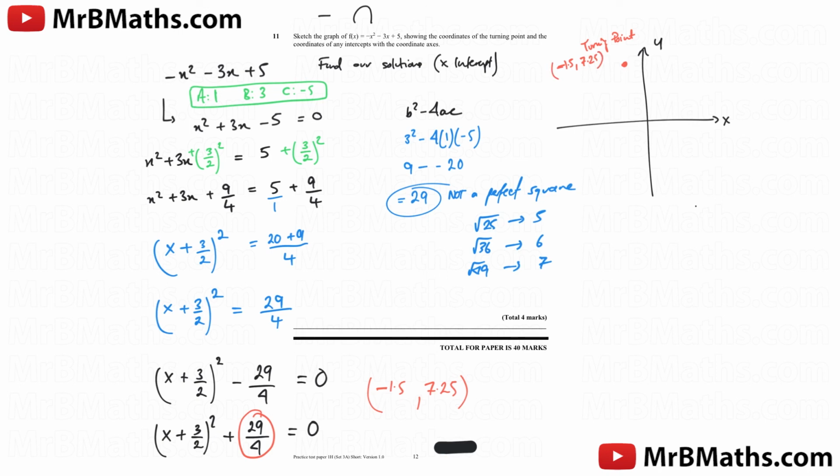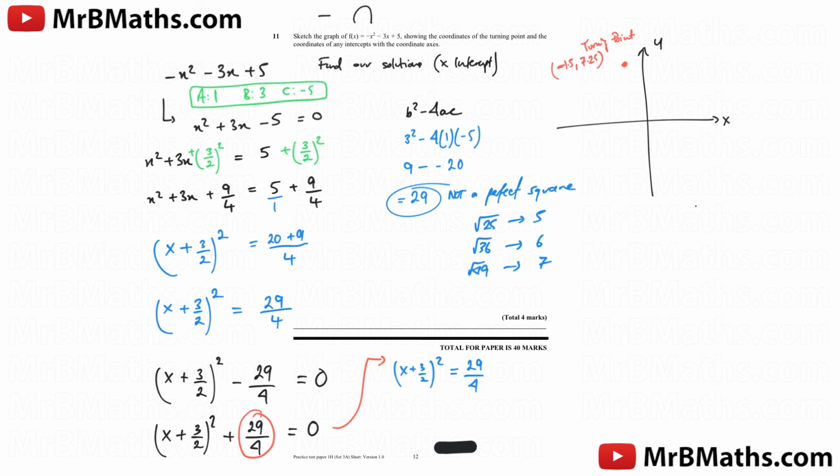Now again, same thing with our solutions. To find those, we get this, complete the square form. Here, let me just rub this out. And you should be able to see what this turns out to be. So if we then revert back to x plus 3 over 2 all squared equals 29 over 4.